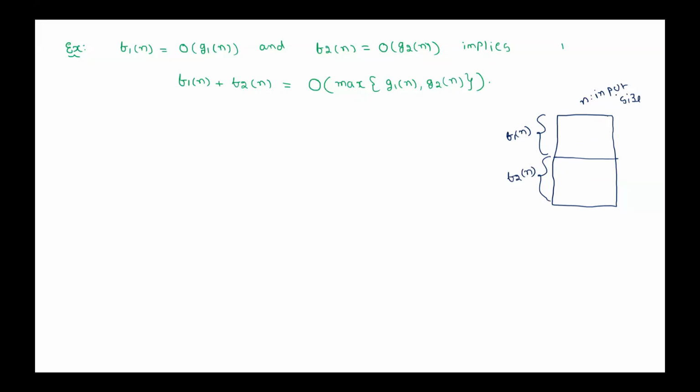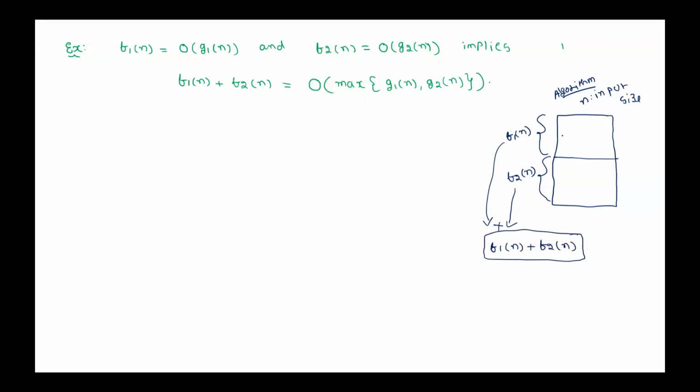Now what is the total time this algorithm takes, or the total number of operations performed? It is the number of operations in the first part plus the number of operations in the second part, which is nothing but f1 of n plus f2 of n. The algorithm has two parts where n is the input size.